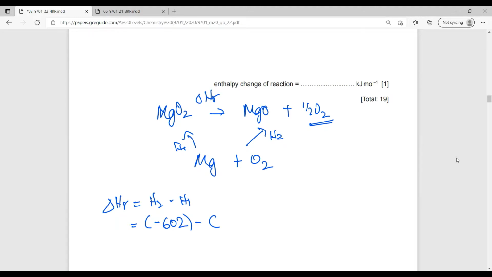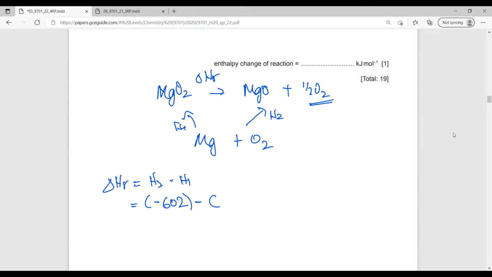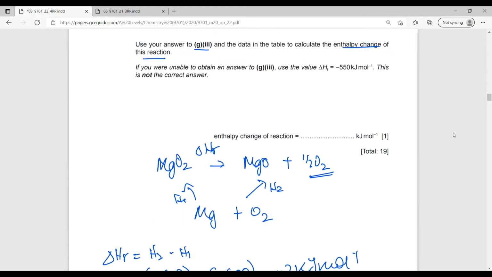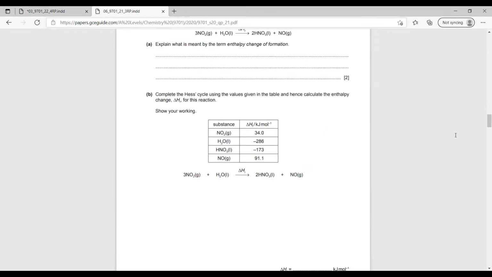And H1 is what you calculated up here, the enthalpy change of formation of MgO2, which is minus 600. So minus 602 minus minus 600, so that becomes plus, equals minus 2 kJ mole minus 1. Pretty simple, right? Let's move on to another example.